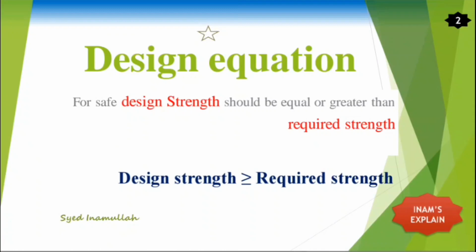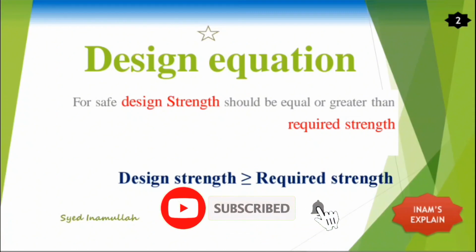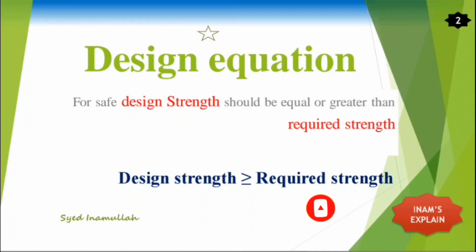Design strength can be calculated by formulas given by different codes, such as the ACI code, and the LRFD design codes, AISC codes. So we calculate the design strength and the required strength, and then, seeing whether it provides a greater or lesser value, we decide whether it may fail or may not fail.